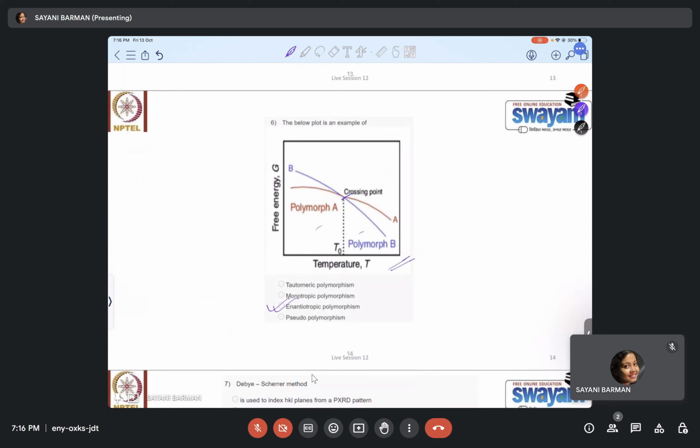Okay, let's say a substance might be observed in different forms under certain conditions, but these variations could be attributed to factors such as solvation, hydration, or presence of impurities rather than a change in the crystal structure. So that's what pseudopolymorphism is about.